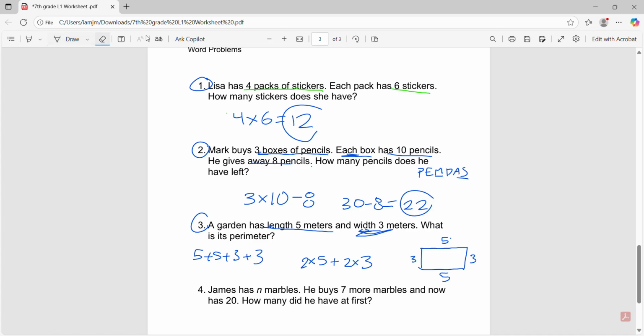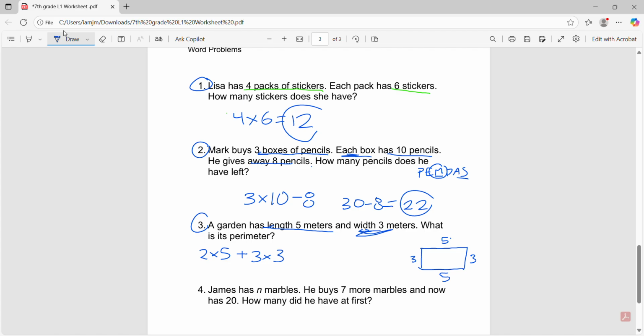So how will we solve this expression that we've just created? We'll have to do both of the multiplications first.